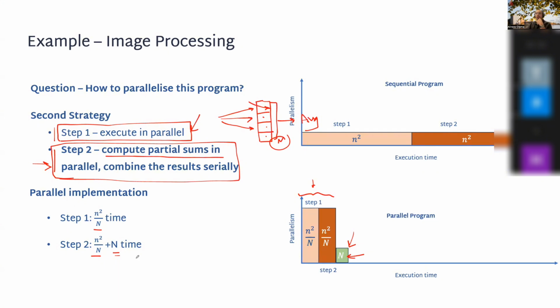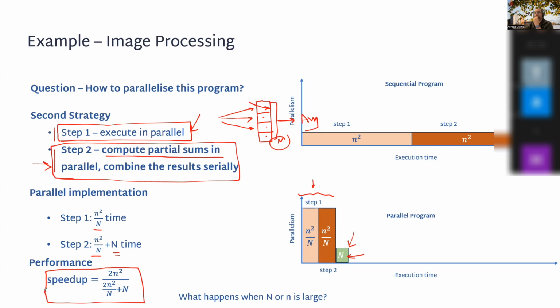So now let's analyze it in another way. If you write the speedup equation, you can come up with this. Now someone tell me what happens if I increase the problem size instead of the number of cores.